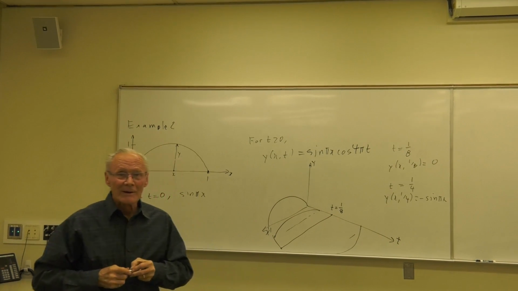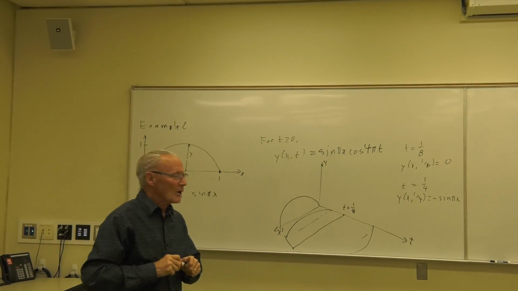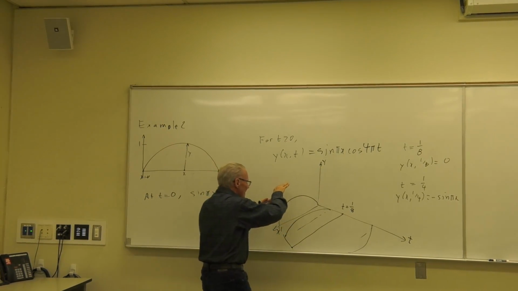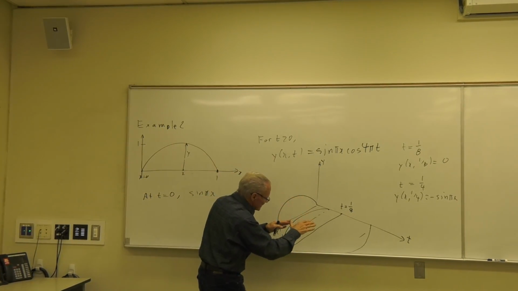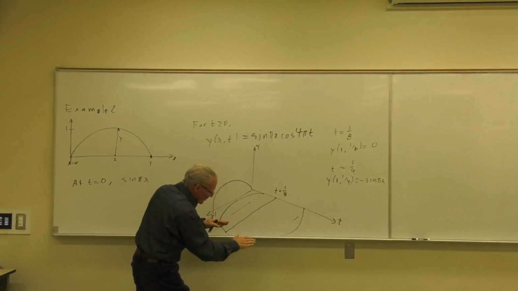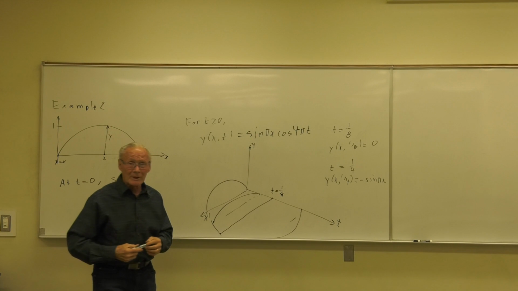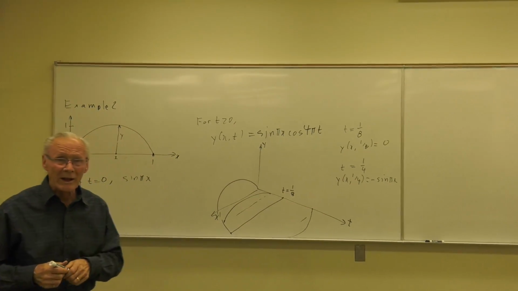Can you kind of visualize then what the surface is going to look like? It's up here, and then it kind of gets smaller, hits the xy plane, then goes down underneath, then it comes up. It's like a wave. Agreed? Looking like a wave.